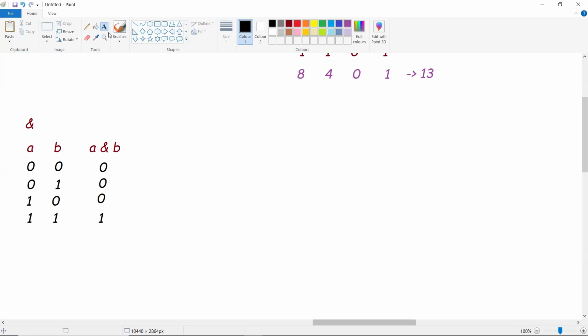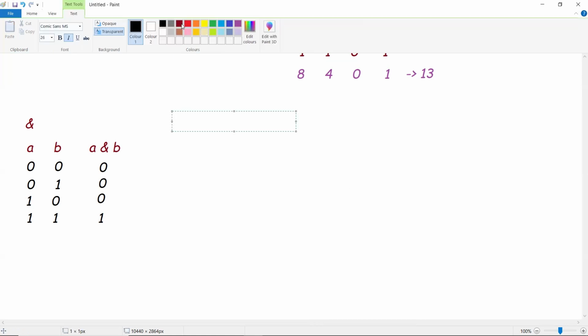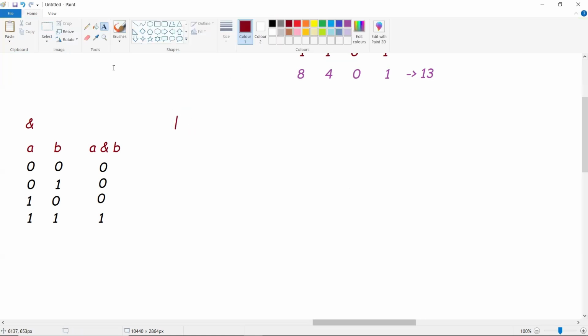Now let's see the case of bitwise OR. Let's consider the same A as well as B, and now do A or B. As we discussed in the previous video, in logical OR, if either one condition is satisfied, the output would be true. Here also the same thing: if either one bit is 1, the output would be 1.